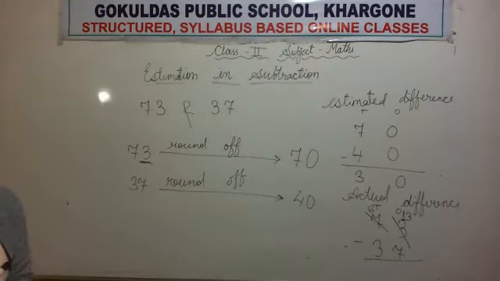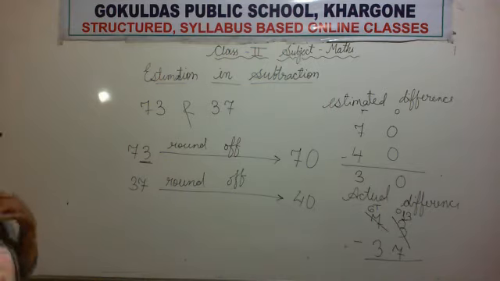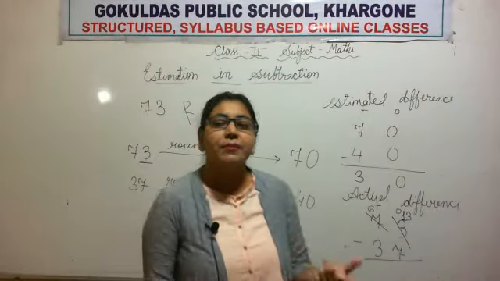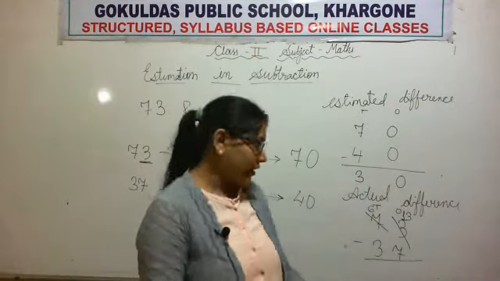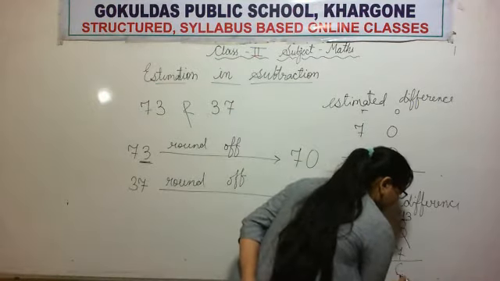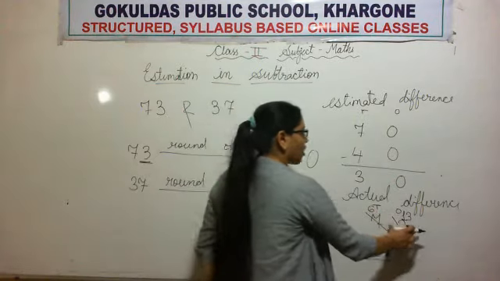Now count the remaining finger marks. How many finger marks are left? Very good, 6 finger marks are left. So we will write the number 6. Now we are done with the ones column.